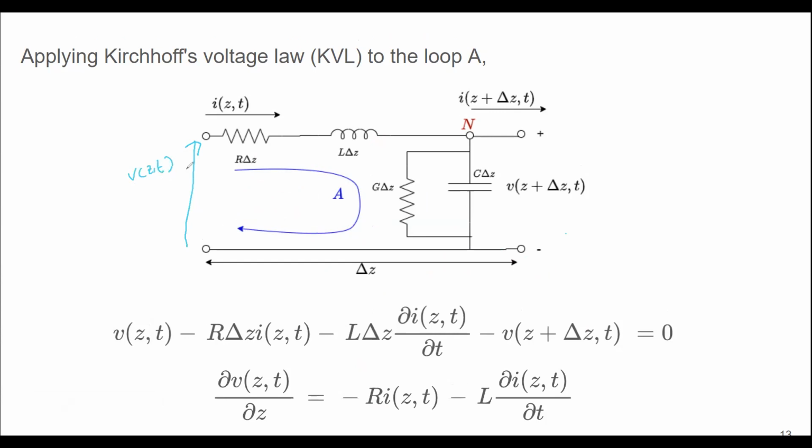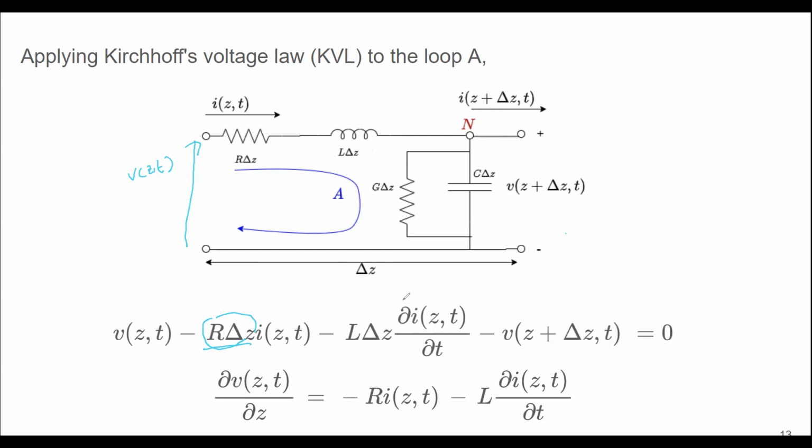Right, so V(z,t) is equal to the voltage across this resistor, which is the current across this resistor times the total resistance, right? The total resistance is capital R times delta Z, right? The total resistance times the current gives the voltage drop across the resistor. And then the total voltage drop across the inductor we can take as the inductance value times delta I over delta t, right?